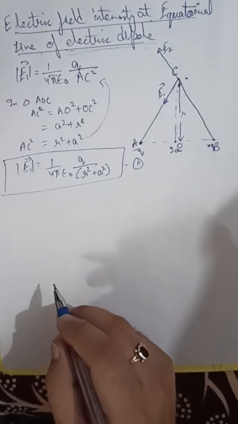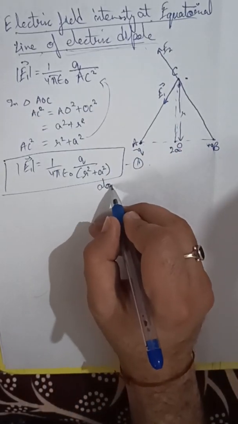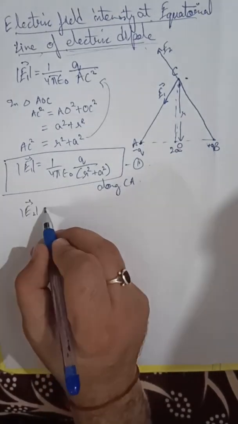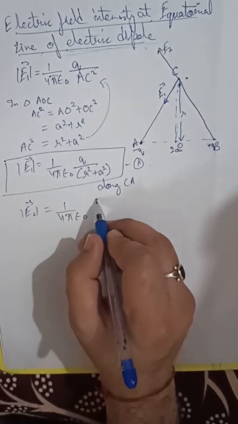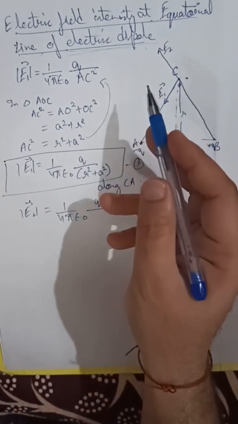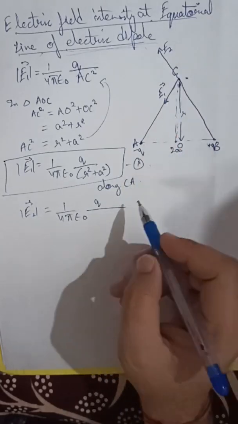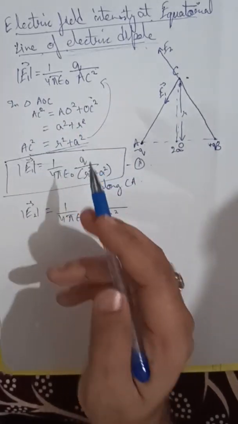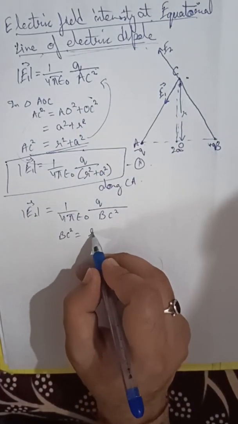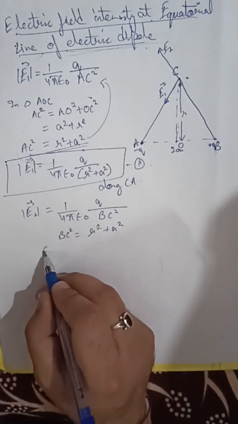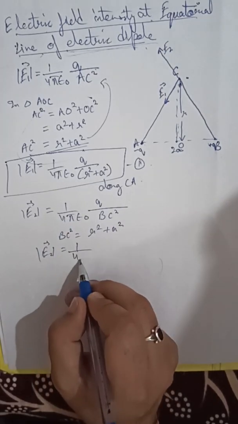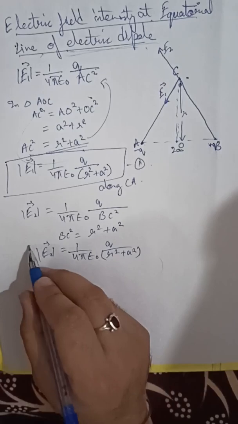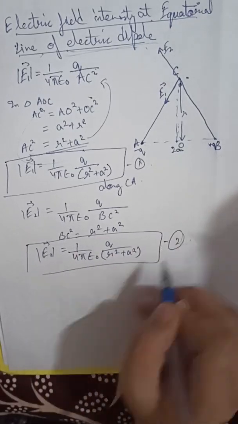That is the first equation, and it is along CA. Now E2 will be equal to 1 by 4 pi epsilon naught Q, outward, where the distance is BC square. Similarly, solving this, BC square is equal to R square plus A square. Putting in this, we get E2 is equal to 1 by 4 pi epsilon naught Q upon R square plus A square. Mark this as equation 2.